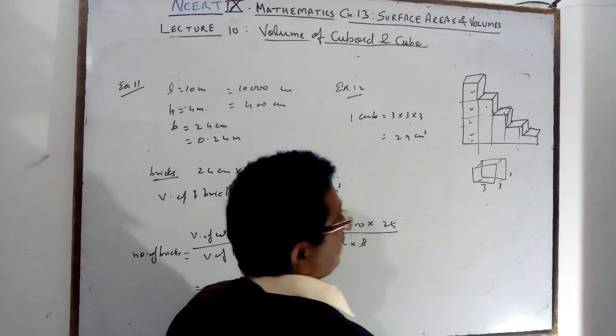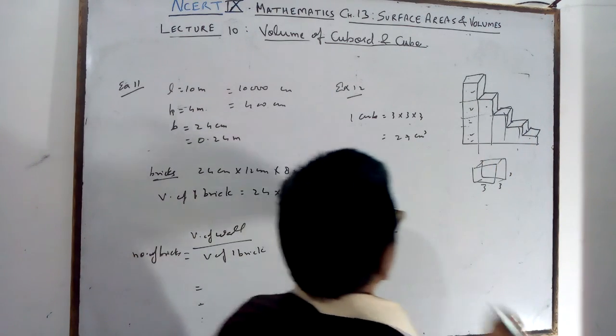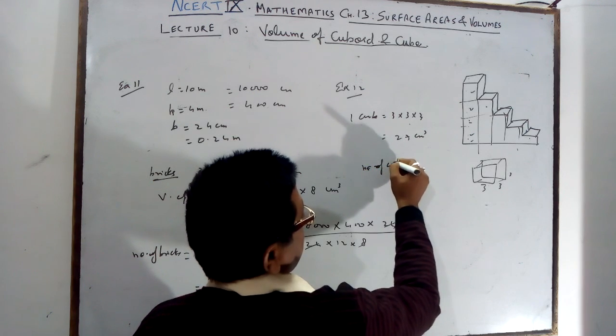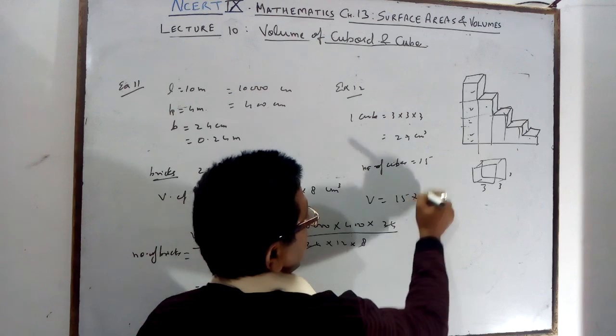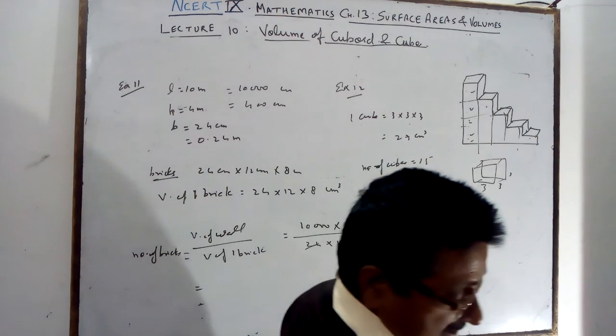Total blocks: 5, 4, 9, 12, 13, 14, 15. The total number of cubes given here is 15. So volume is equal to 15 multiplied by the volume of 1, and you will get the answer.